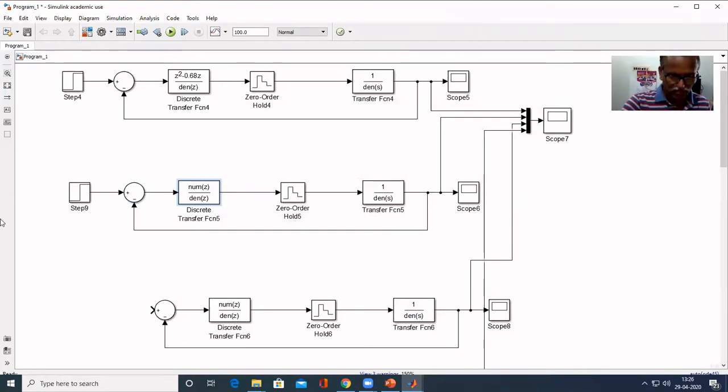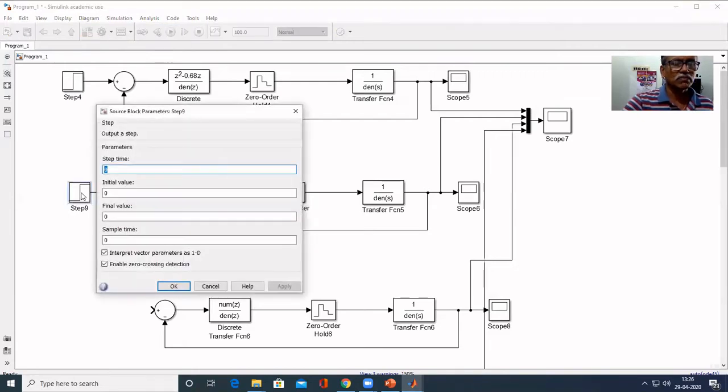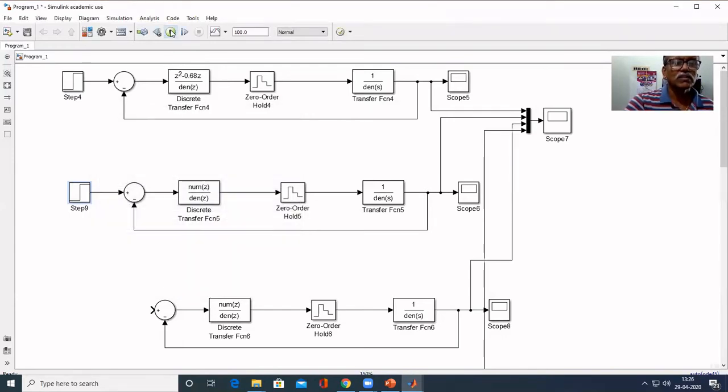Now let us simulate the servo response and check that step input. The step time is 0, the final value must be 1. Okay, now let us simulate.